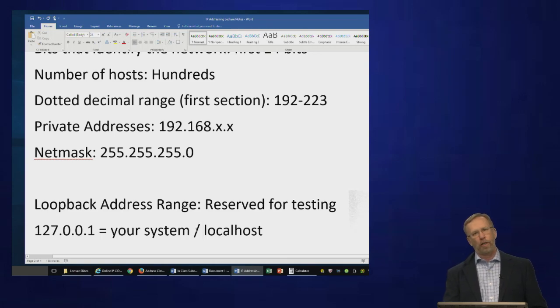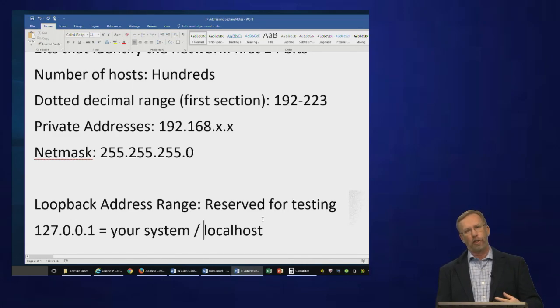So if you were running, say, a web server on your local system and you wanted to access your own web server, you could access it with either localhost in the address bar or with 127.0.0.1 in the address bar. You always have those available to you, at least if you haven't changed the default configuration that your system comes with. So that's what the 127 range is used for.